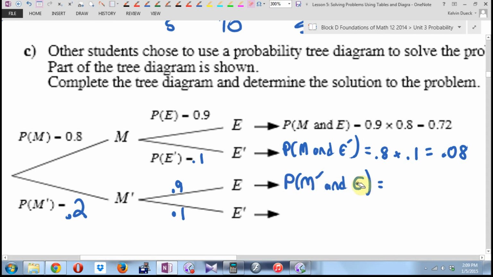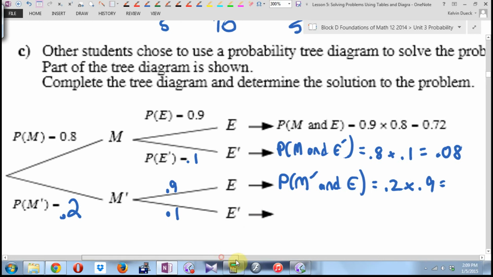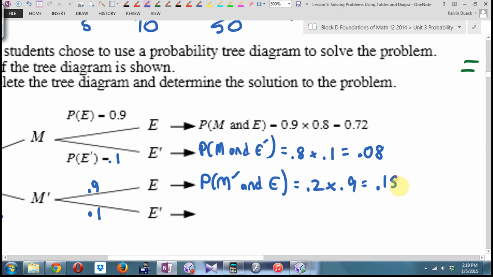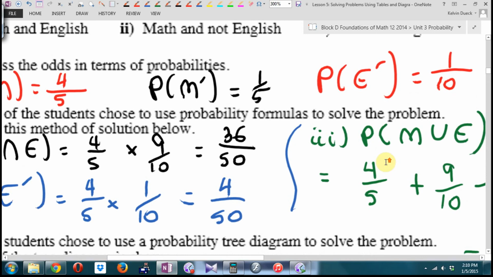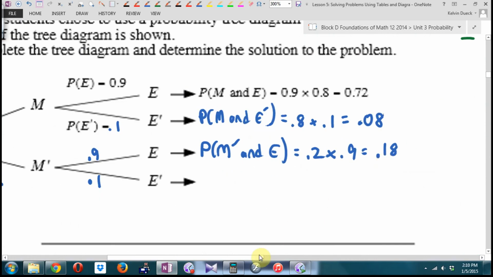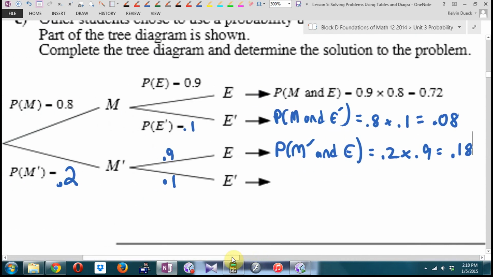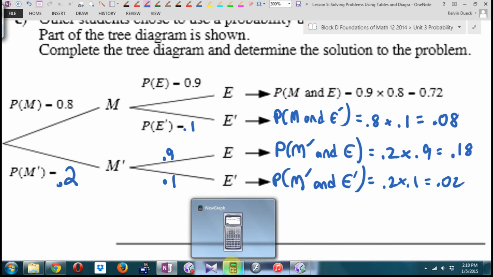Flunking math and passing English? 0.2 and 0.9. 2 times 9 is 18. I think 0.2 times 0.9 is 0.18. I don't think we calculated that one. Flunking both? 0.2 times 0.1, which is 0.02, which means, what, Mr. Dueck?